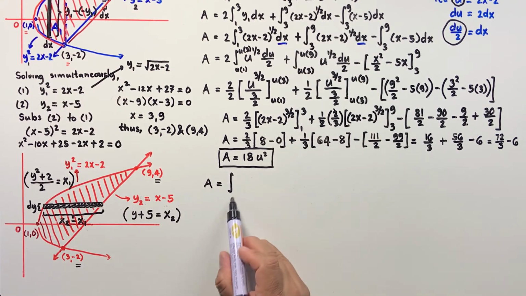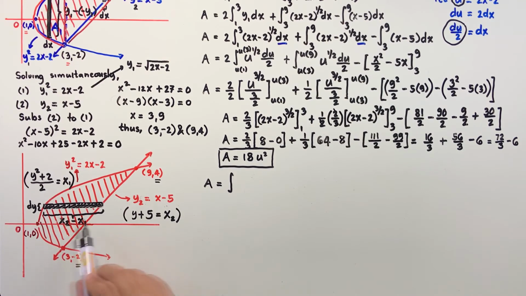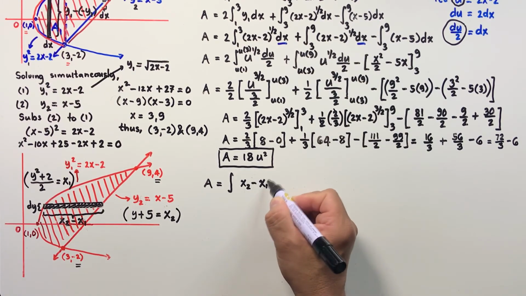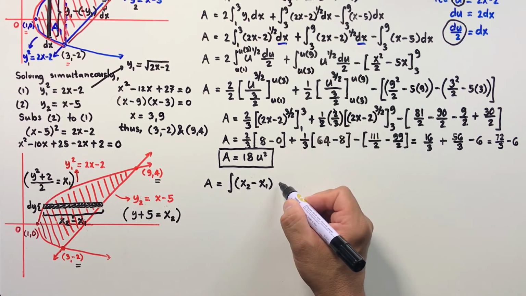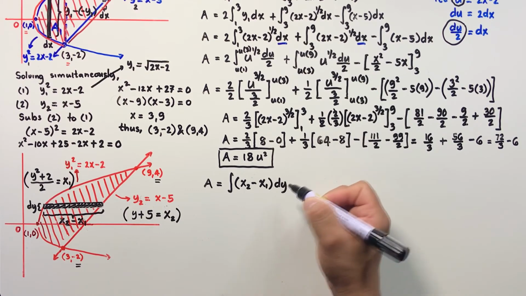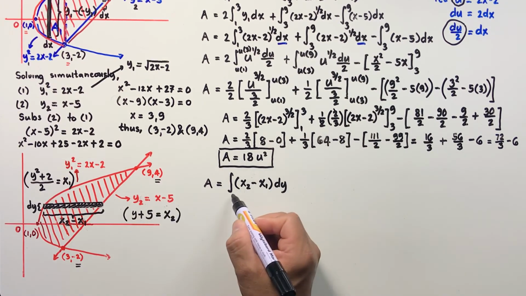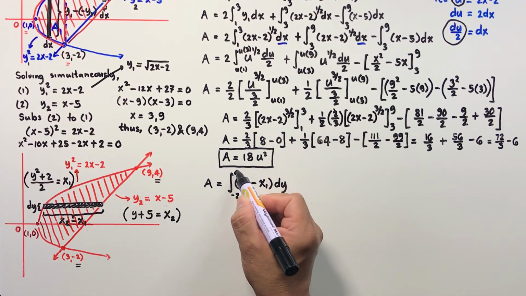So the integration of all the slices from the bottom to the top, whose length is x sub 2 minus x sub 1 with the thickness of dy, and slicing it from this point up to this point. Because we are slicing the y, we will be looking at the y coordinates. So from -2 to 4 here.